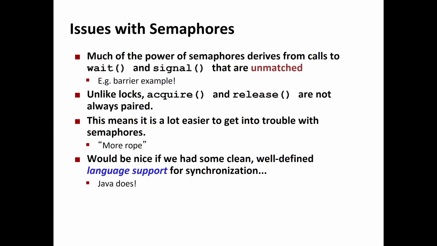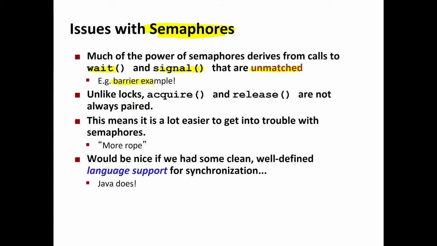Now let's move on. As we discussed, we solved a number of problems in our webinar last time, and you may have realized that semaphores are a very powerful synchronization concept. The main power is that the wait and signal calls are unmatched.